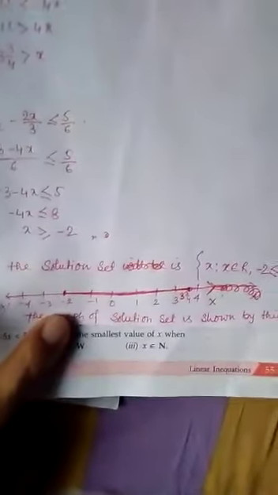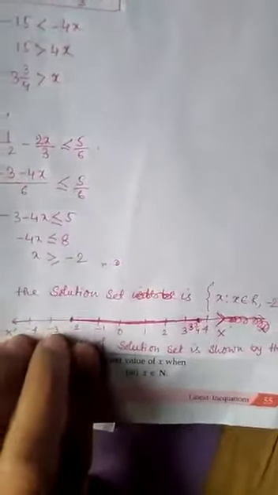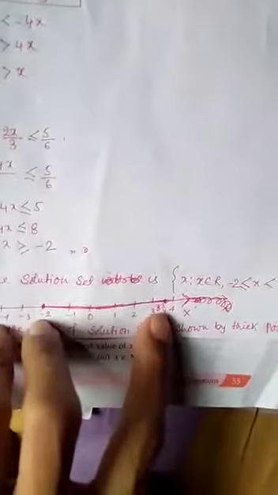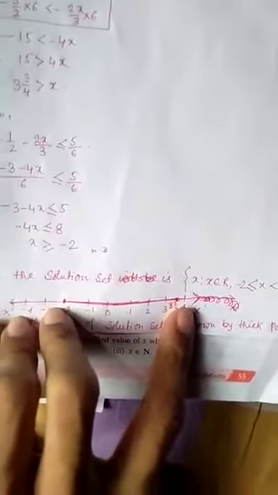Now if we plot the graph on the number line, then the thick portion, that means from minus 2 to 3 by 4, will give the actual data. That means minus 2 to 3 by 4, this thick part will represent the solution set. That's it.